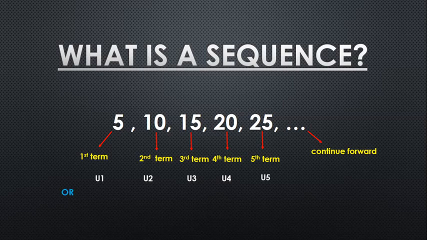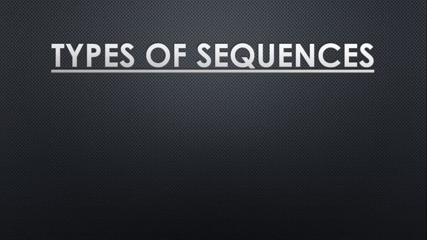Now, pay attention that in some given exercises they will be giving you the first term as U0 instead of U1. If you are given U0 as a first term, then keep in mind that the second term will be U1, the third term will be U2, the fourth term will be U3, and so on.